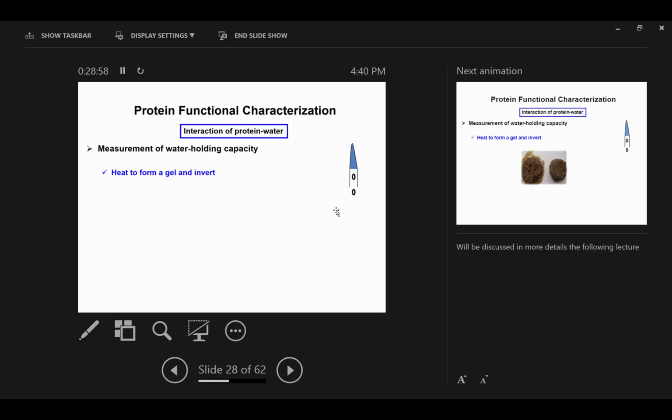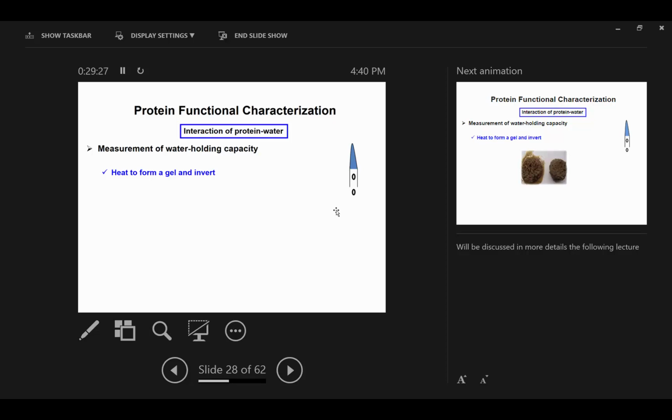So you're going to prepare solutions at different protein concentration depending on your protein assigned to you, and you're going to heat it. So you're going to thermally induce gelation. So you heat the protein to denaturation temperature and above, so that the protein is denatured, and you allow enough time so that there will be a network of protein formation via hydrophobic interactions and disulfide linkages.